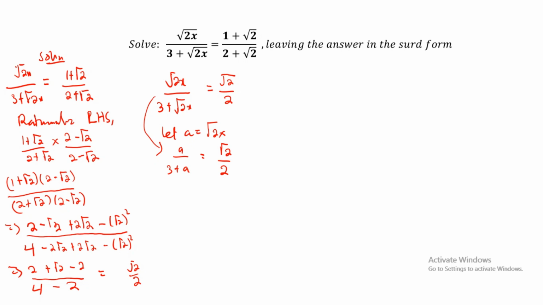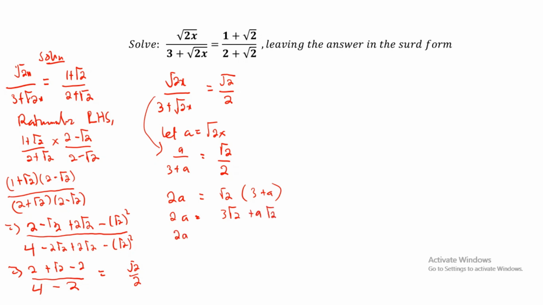Now we can find a. To find a, we'll just cross multiply. This will give us 2a, and this will give us square root of 2 into bracket 3 plus a. So 2a will now be equal to 3 square root of 2 plus a square root of 2.